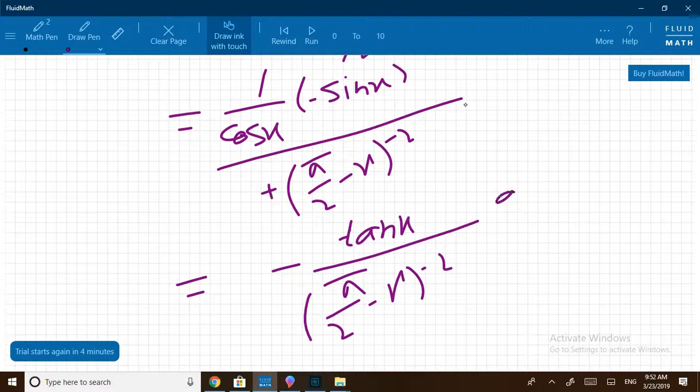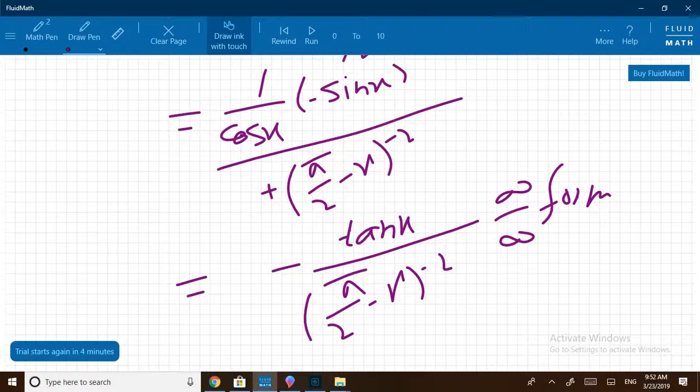It is again infinity divided by infinity form, because if we put x approaches to pi by 2, tan pi by 2 is infinity, and in the denominator the power is minus 2, pi by 2 minus pi by 2 is 0, and 1 divided by 0 is of course infinity.